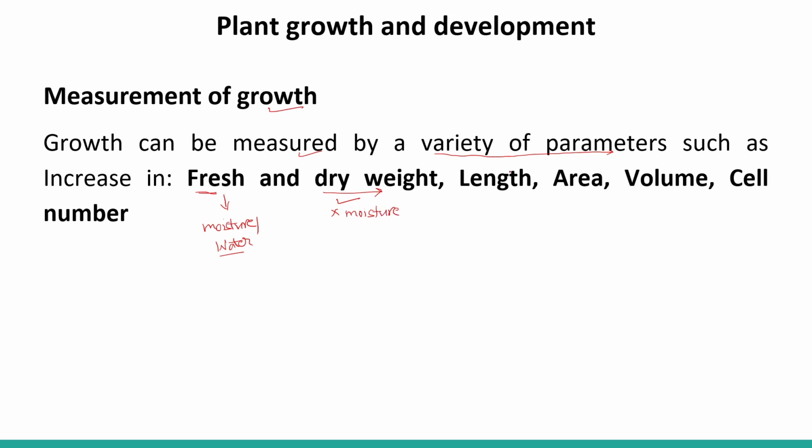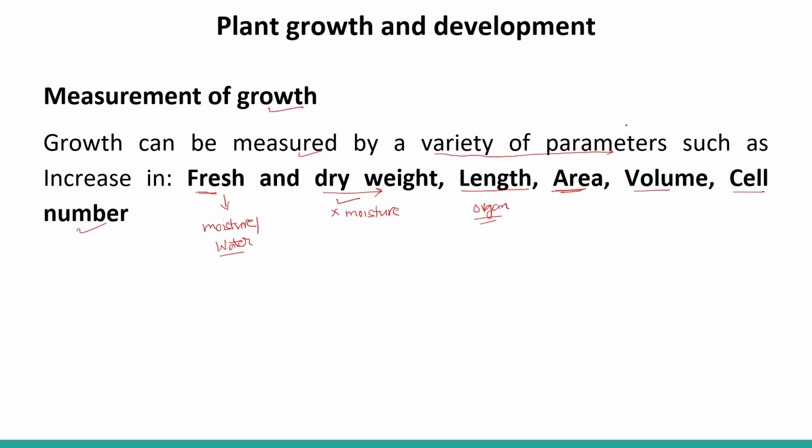The next parameter can be length of the plant, or length of any organ or its part. And then the next parameter is the area. We can say increase in the area. Next can be increase in the volume, and then we have increase in the cell number.